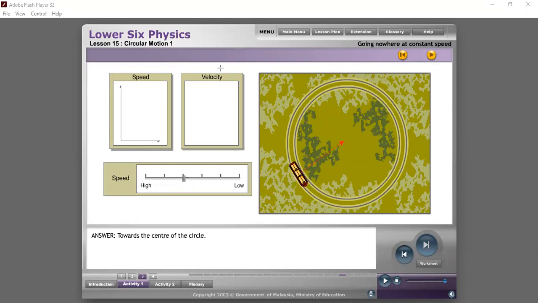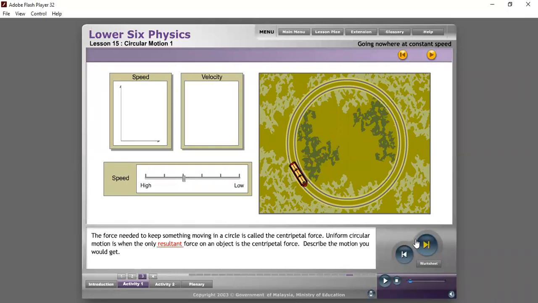This is a new force we learn in circular motion. The force needed to keep something moving in a circle is called the centripetal force. Uniform circular motion is when the only resultant force on an object is the centripetal force.